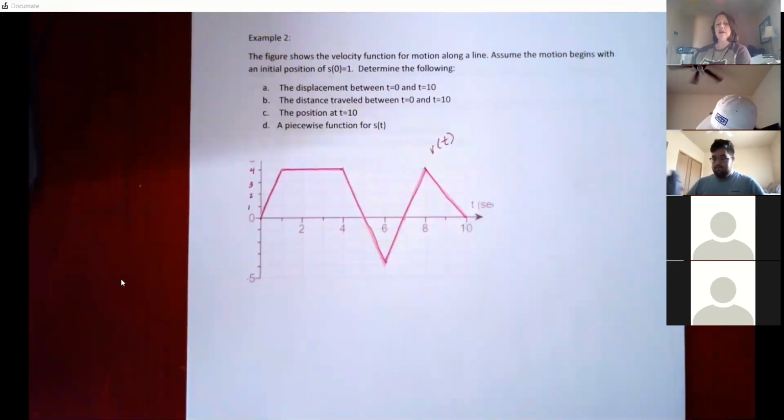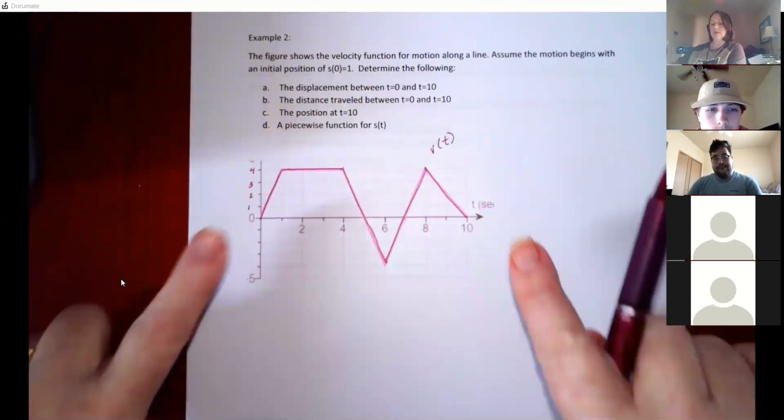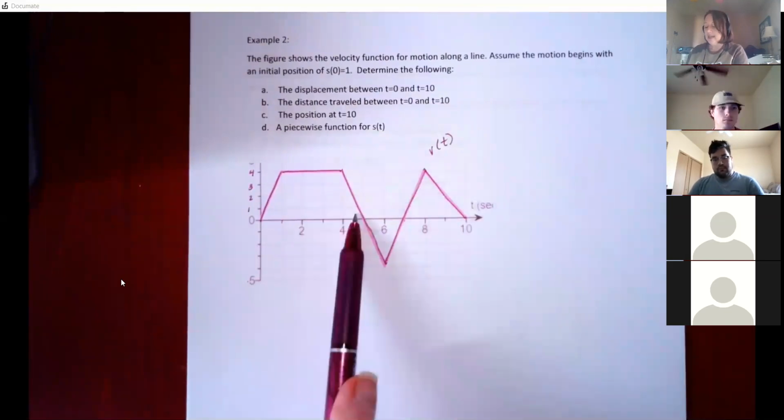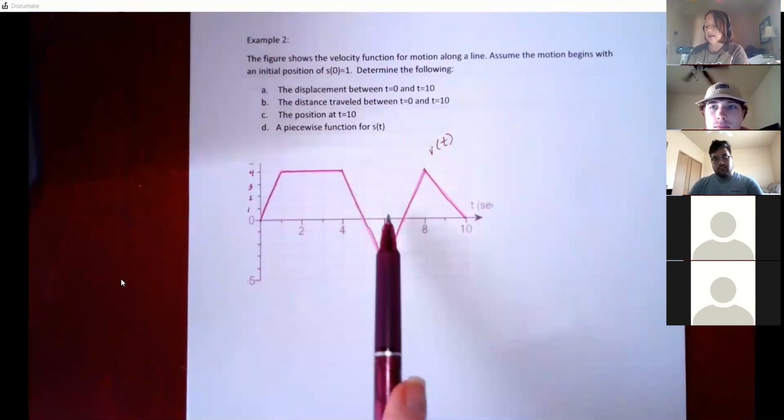Now, before we figure it out, do you think the displacement will be positive or negative on the interval from 0 to 10? Positive, I think. You're right, it's going to be positive. Why? Well, there's a whole lot more area above the t-axis and below the graph than there is area below the t-axis and above the graph.